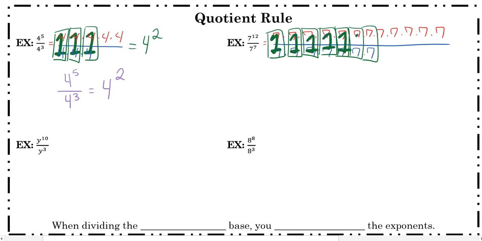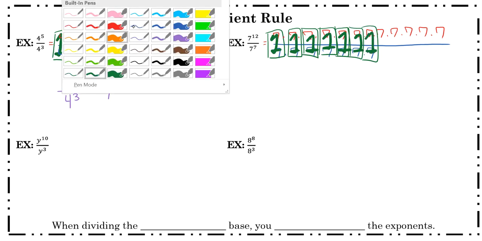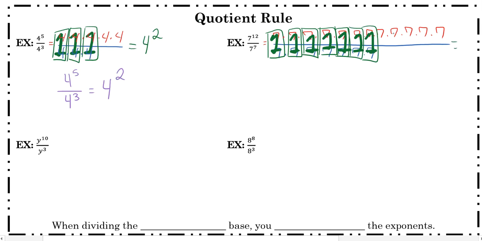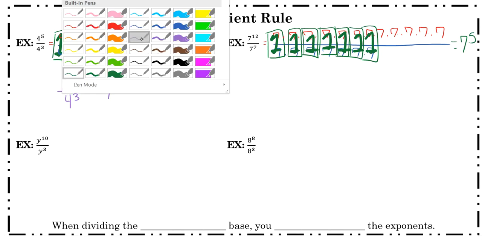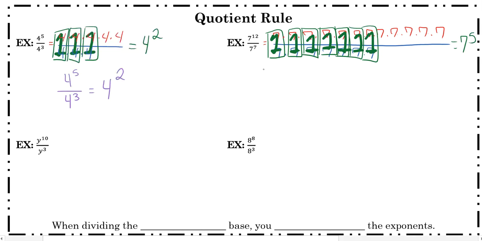And then that leaves me with how many 7s being multiplied by themselves. So that would be 7 to the 5th power. So 7 to the 12th power divided by 7 to the 7th power is equal to 7 to the 5th power.